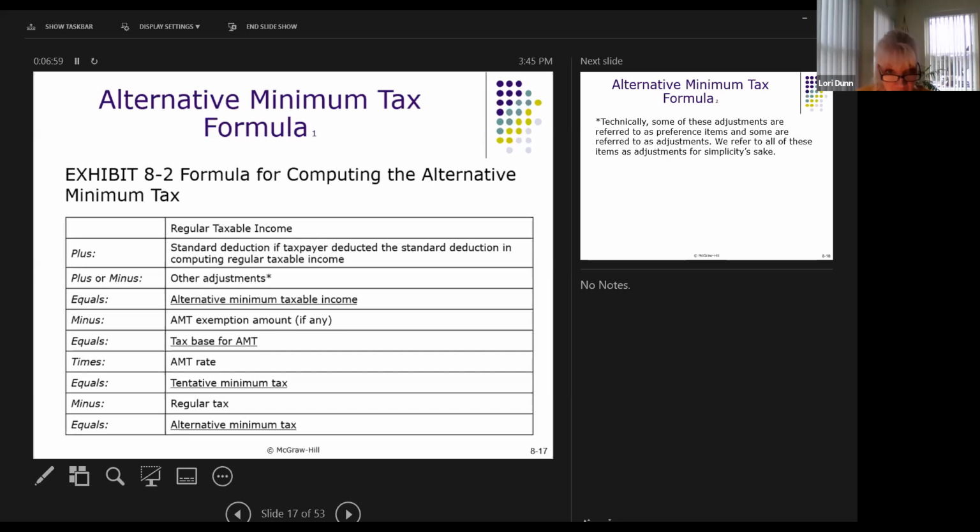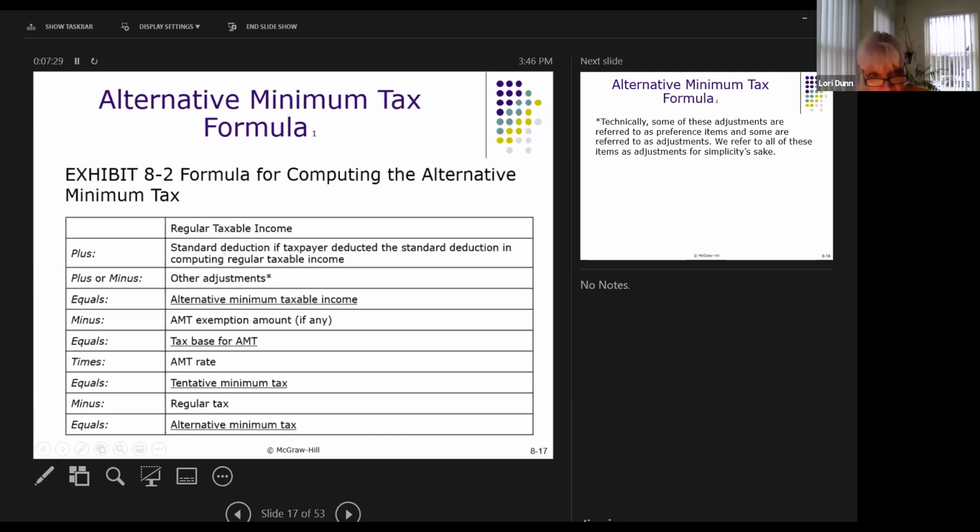But if your alternative minimum taxable income is 1 million, oh, I wish it would be this, 1,036,800 for married filing joint, that exemption starts to phase out until you reach 1,490,400. So it's all based on this alternative minimum taxable income. And then you see the other phase out levels for married filing separately, head of household, and single.